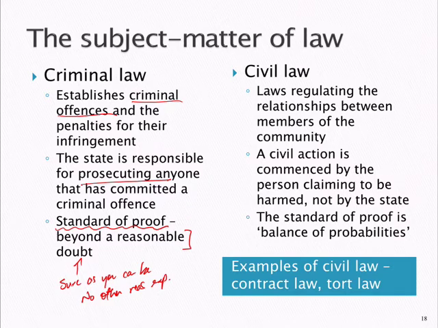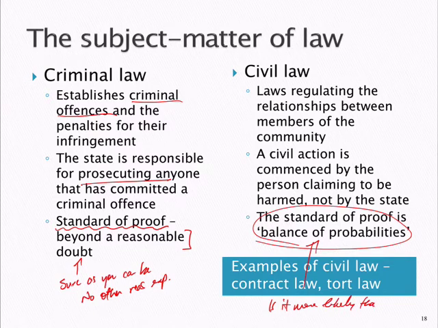In contrast, a civil action is where people are claiming to be harmed, but not by the state. In these areas, we have something called a balance of probabilities as the test. So the test here is, is it more likely than not?